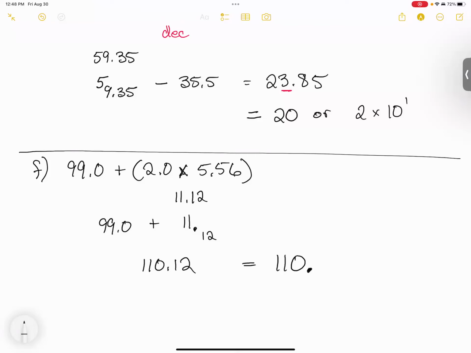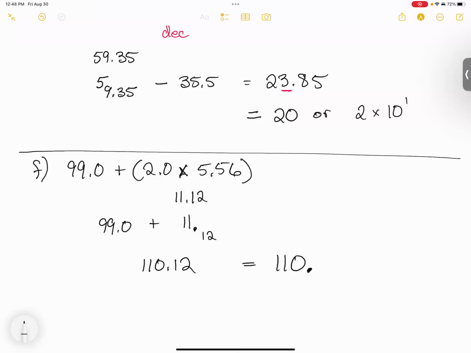I know that, for example, the 99.0, is that 36 or? Okay. So it's zeros at the end of the number after the decimal. Zeros before the decimal are not significant, for a decimal number.